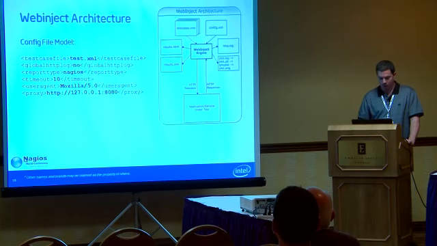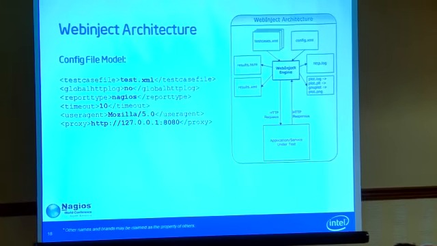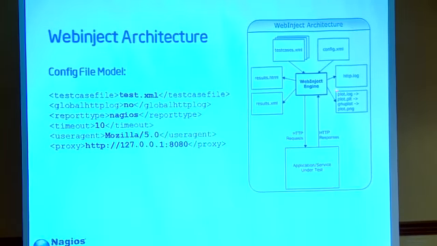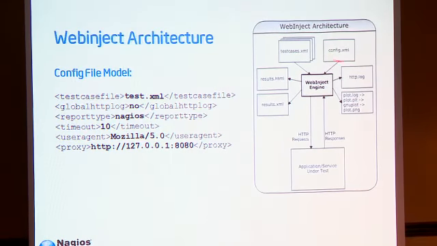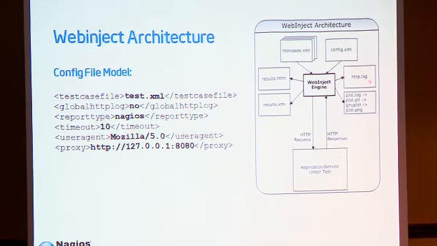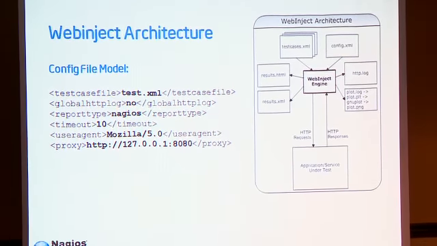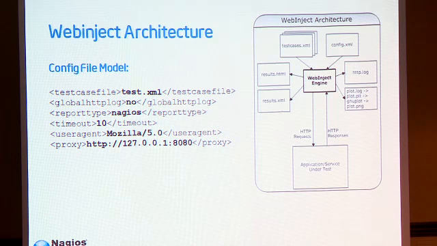How is the architecture of WebInject? As I said, you have the config file. You have test cases, and you can have many of them using the same config file. It saves the data that you receive in an HTTP log, and it sends some requests, and you receive some responses. You have different kinds of report types.